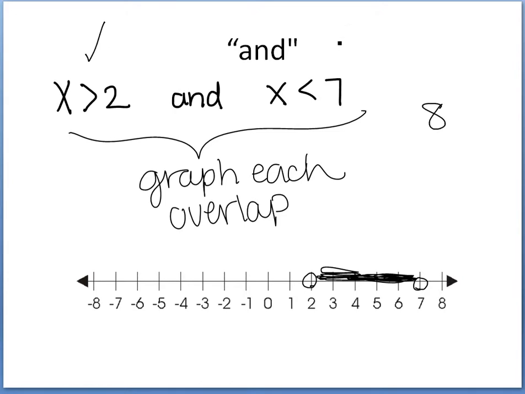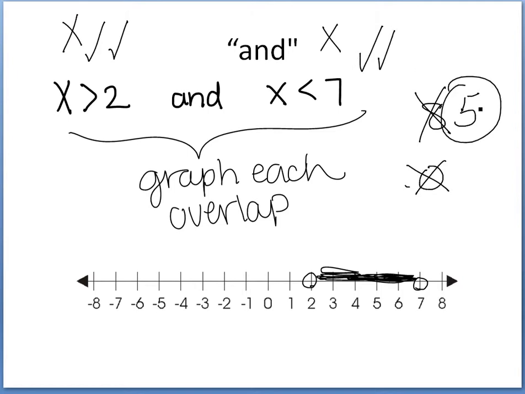Is that less than 7? No. So that would not work. If you gave me 0, is that bigger than 2? No. Is that less than 7? Yes. So again, that's not happening for both. But if you gave me 5, is that greater than 2? Yes. Is that less than 7? Yes. It's perfect. So that's all the numbers that we want.